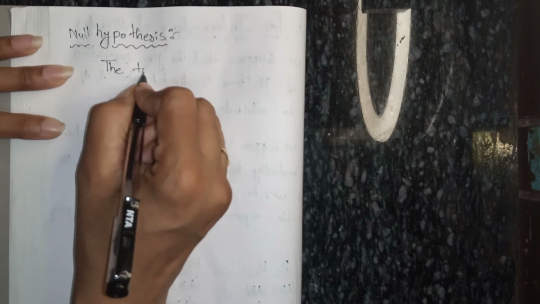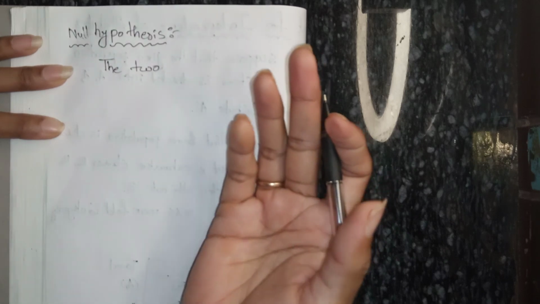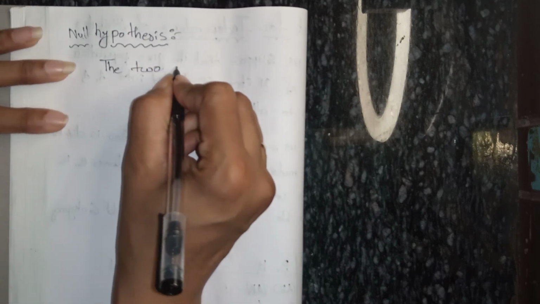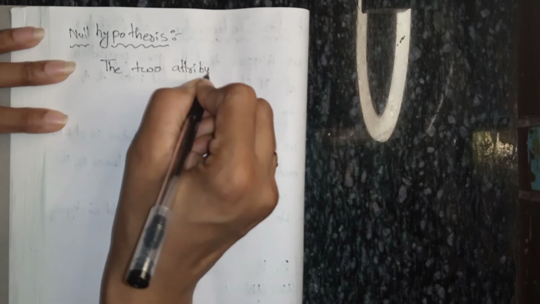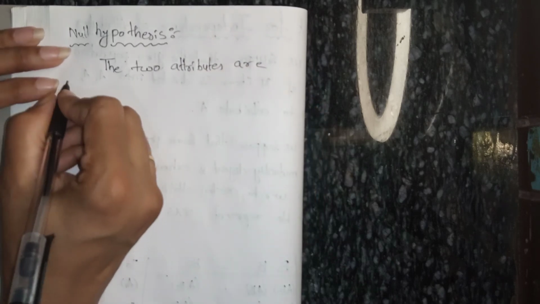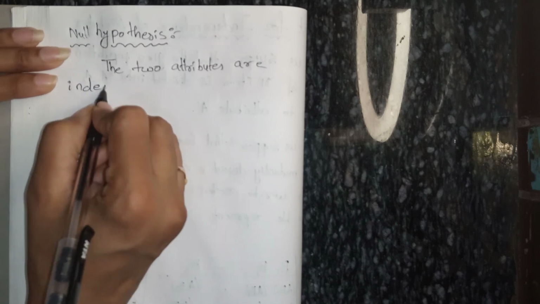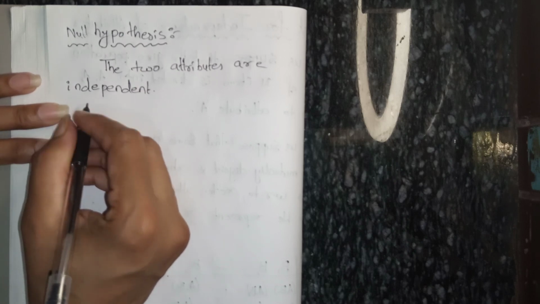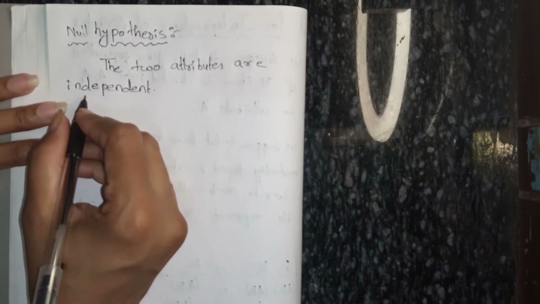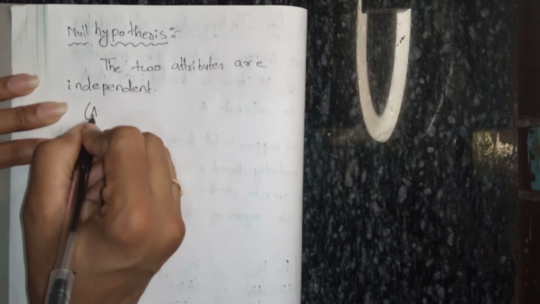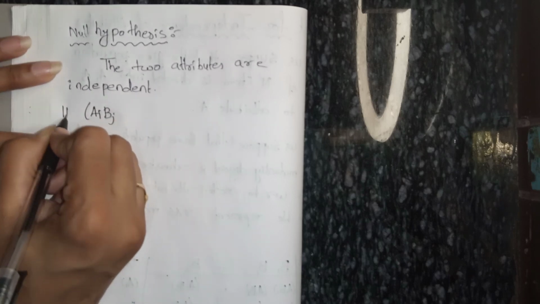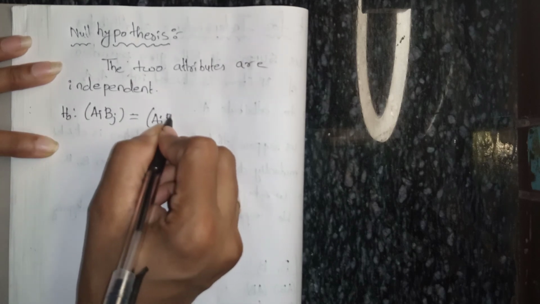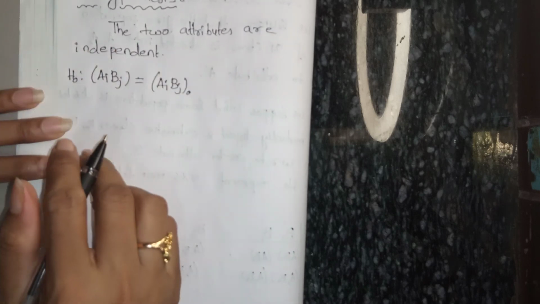Because the process itself is testing independence, here we consider the two attributes independent. That means AiBj equals AiBj naught. This is the null hypothesis.